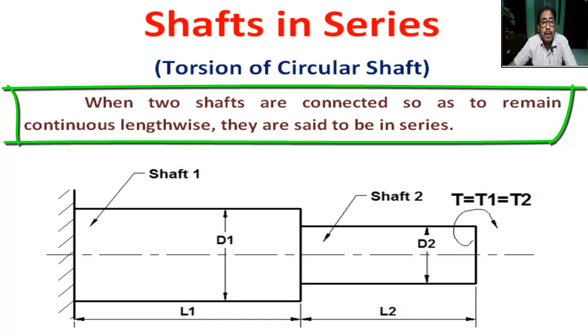When two shafts are connected so as to remain continuous lengthwise, they are said to be in series.